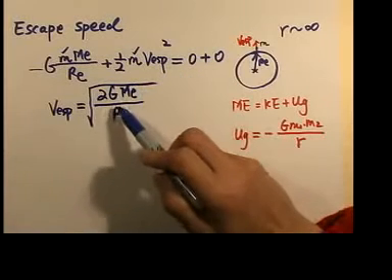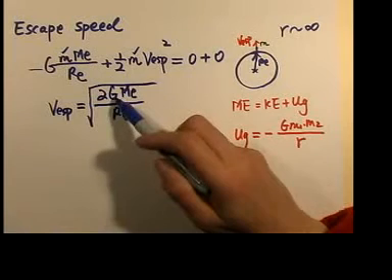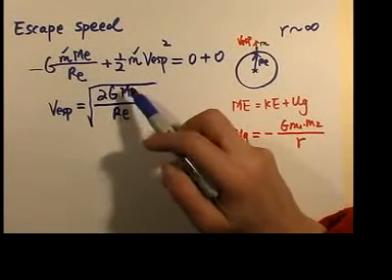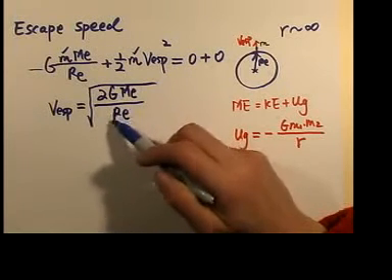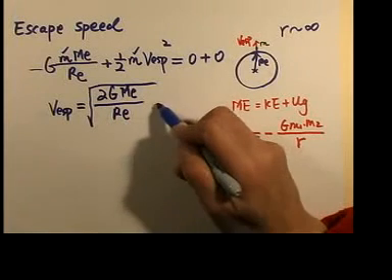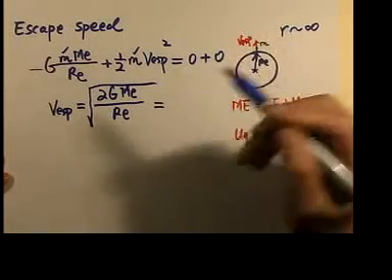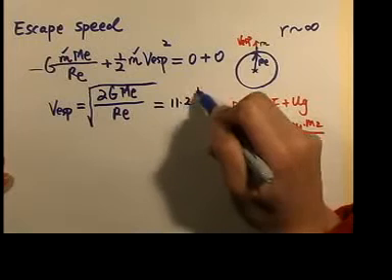If we plug in the proper numbers for capital G, 6.67 times 10 to the negative 11 in SI units, mass of the Earth is 5.98 times 10 to the 24 kilograms, and R_E is 6.4 times 10 to the 6 meters, we can find that the escape speed, in order to escape Earth's gravitational field, comes out as 11.2 kilometers per second.